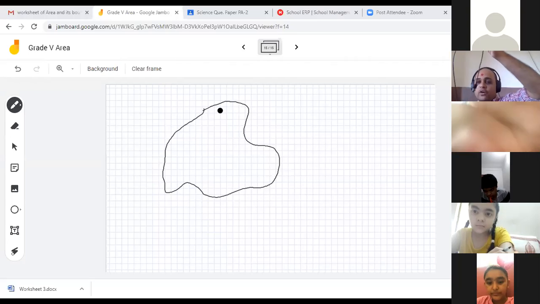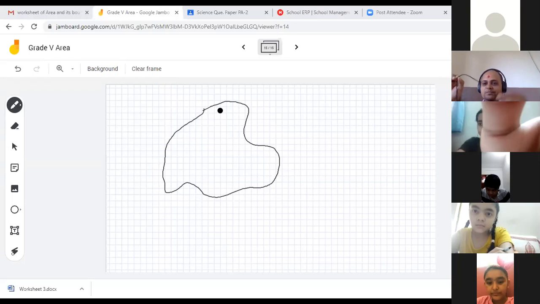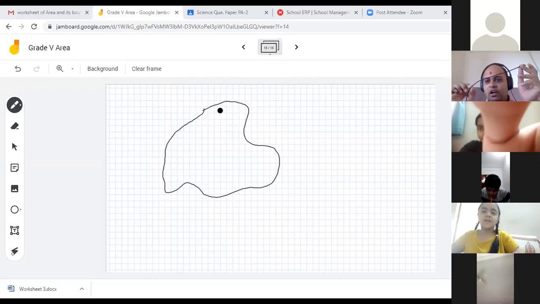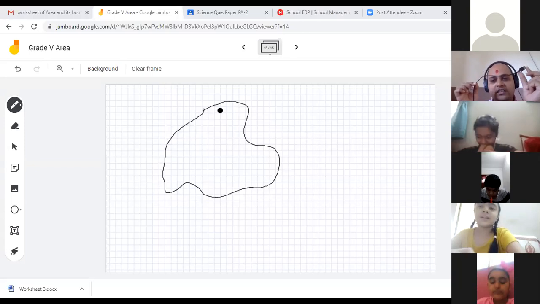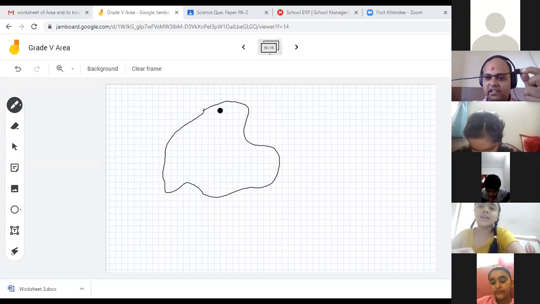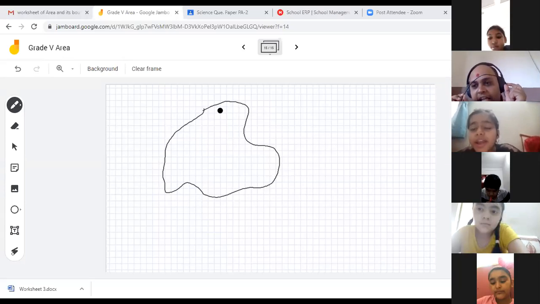Now I have got this distance. So that is your length. And this length I can measure using a simple scale. Yes, I can put it on a scale and find out how many centimeters are there. So that is how I find the perimeter of an irregular shape.